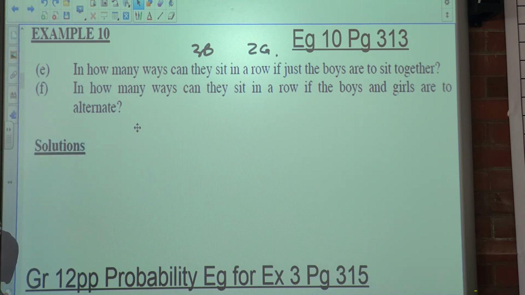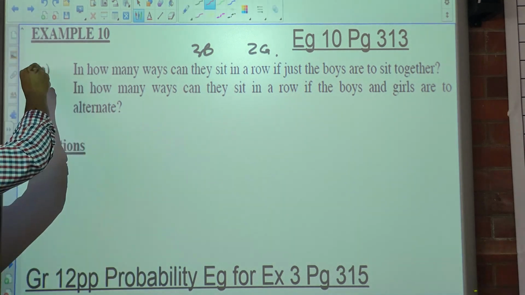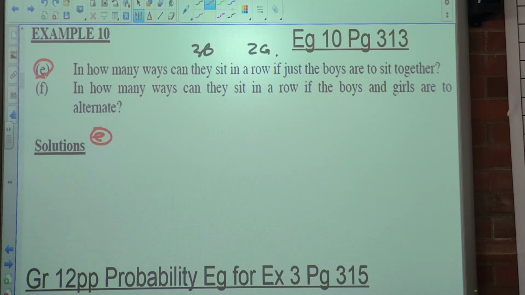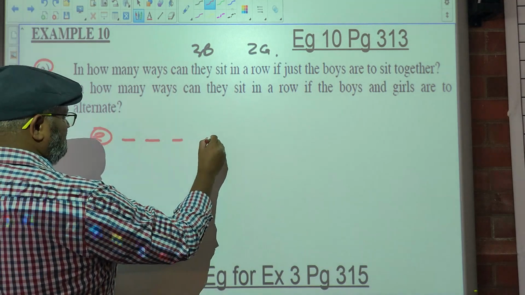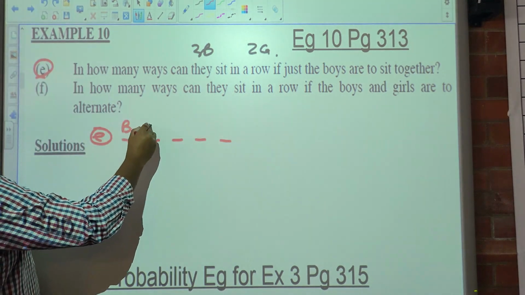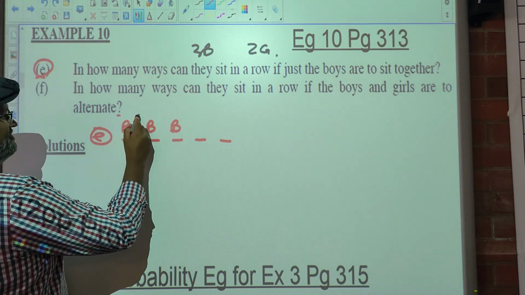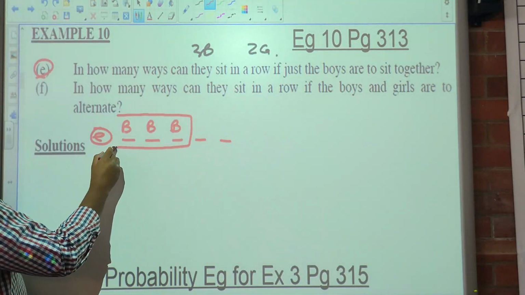We are told in E, in how many ways can they sit in a row if just the boys have to sit together? That's not normal. Okay, but okay. So how many bits must we have? 5. So we have got the boys. So we bind them. Put a bow around them.